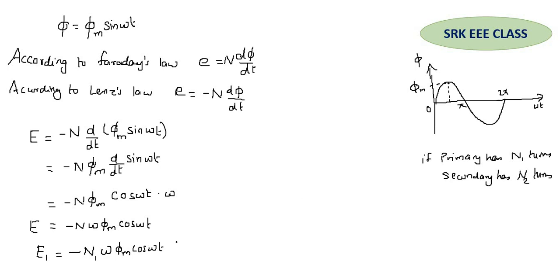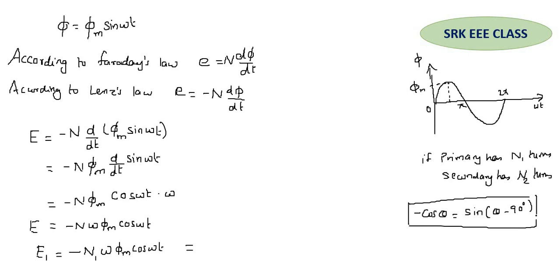Now my aim is to change this minus cos omega t. I am replacing minus cos theta as sin of theta minus 90 degrees, where theta is omega t. So this becomes n1 omega phi m sin of omega t minus 90 degrees, or minus pi by 2.